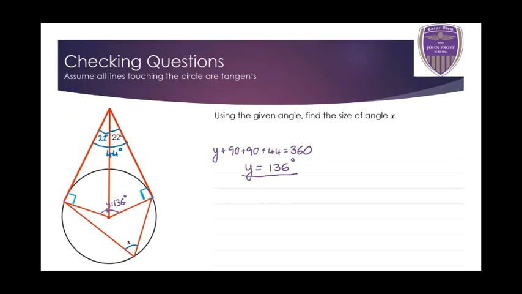Okay, so I know that angle X is equal to half of 136. Okay, so if you halve 136, you get 68 degrees. Okay, and there you go.